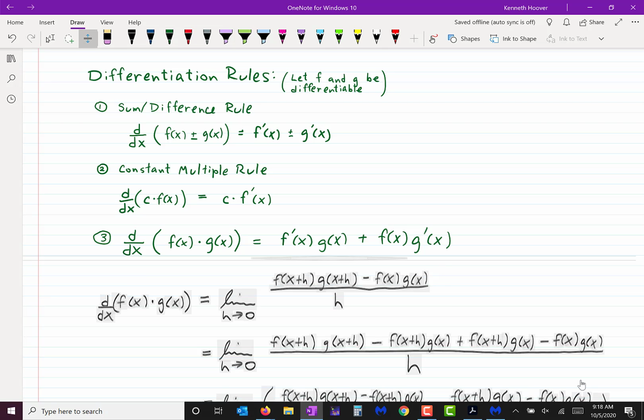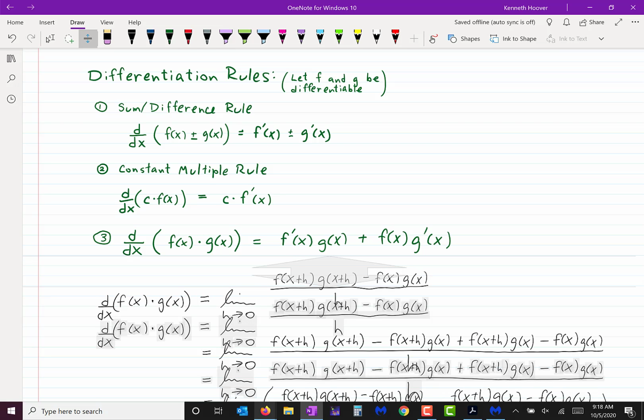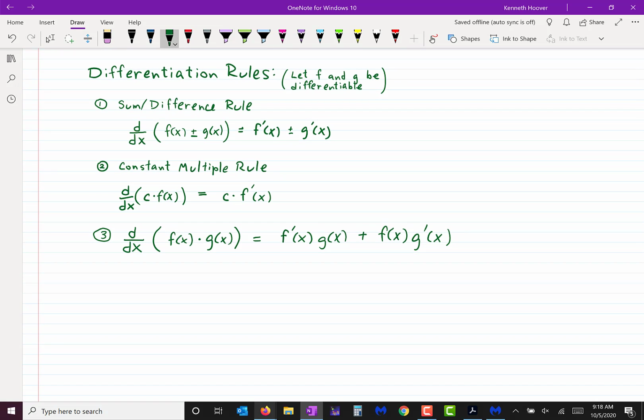Okay, now what about quotients? What about the derivative of f of x over g of x? This is called the quotient rule.